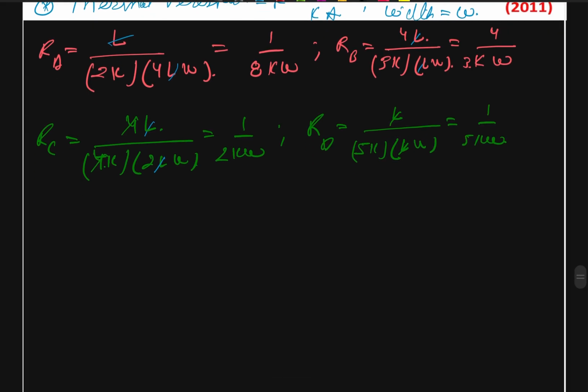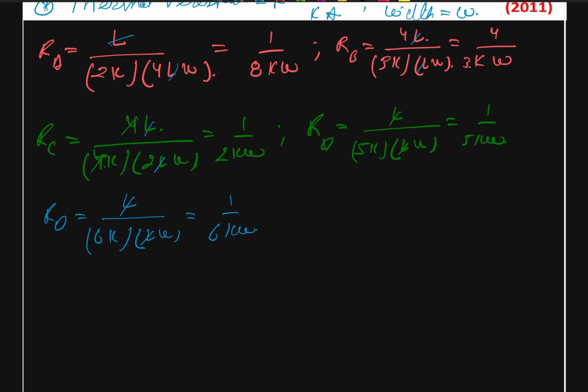And finally for E, R of E will be equal to L, and this is 6K times LW, giving us 1 upon 6KW.